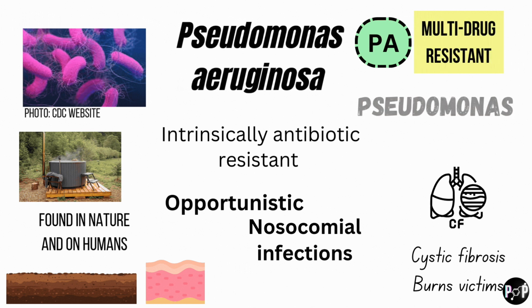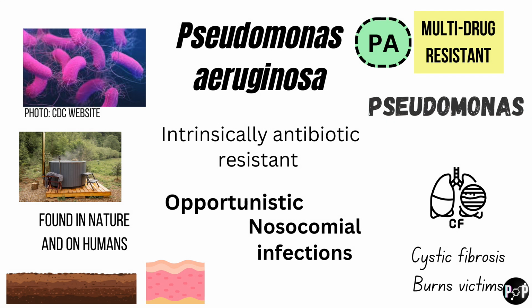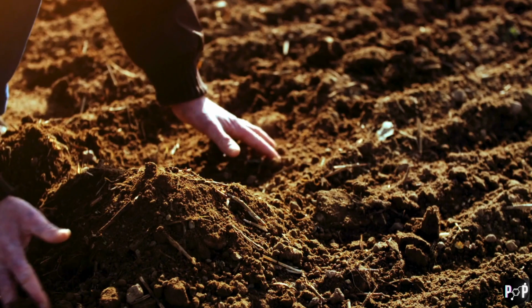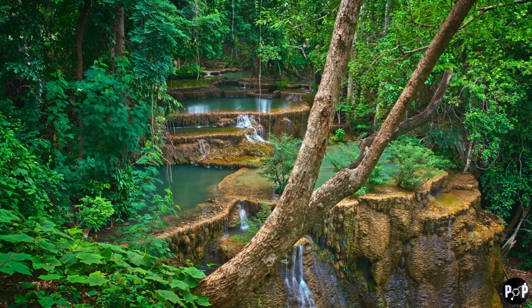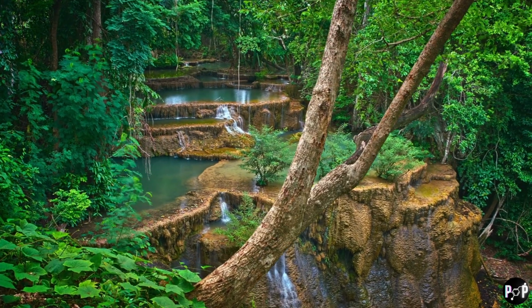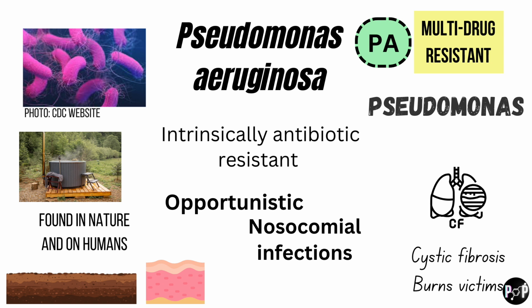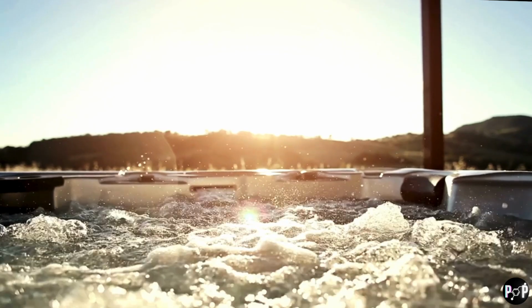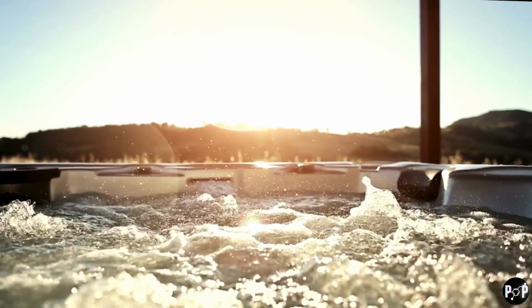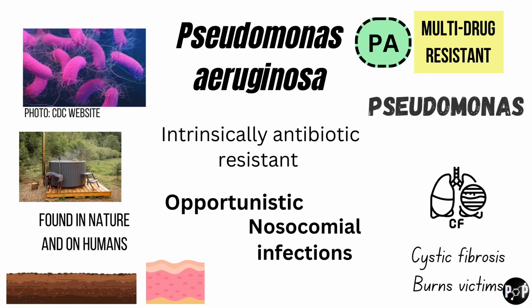Pseudomonas, unlike the other bacteria so far covered, does not require a human body to survive. Pseudomonas is naturally very robust and tough, which enables it to live in places like the soil and in natural water sources. Because it can colonize in water, it is occasionally associated with Pseudomonal folliculitis, but otherwise it does not really cause any issues in patients with normal immune systems.